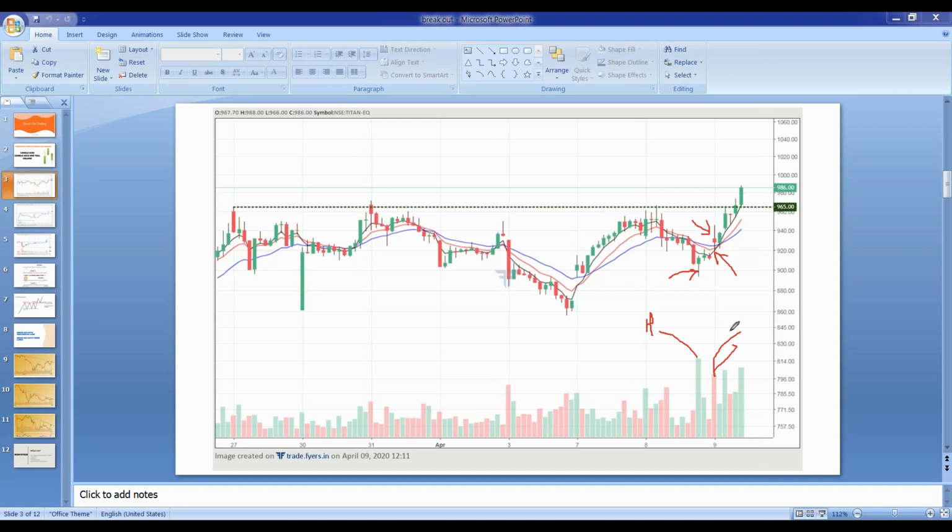It means even though the candle color is red, the bears tried to move this stock down, but the participation was not great enough to push it down. So now let's move forward and see what is happening in this chart.